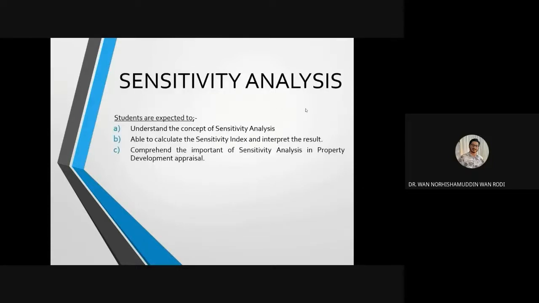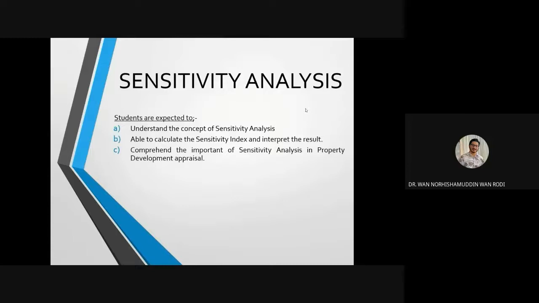So the aims of today's lecture is to ensure that the student understands the concept of sensitivity analysis. Second one, the student should be able to calculate the sensitivity index and interpret the results, because sensitivity analysis employs the performance measurement such as the sensitivity index.